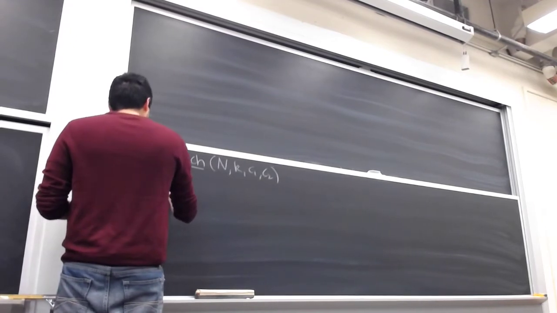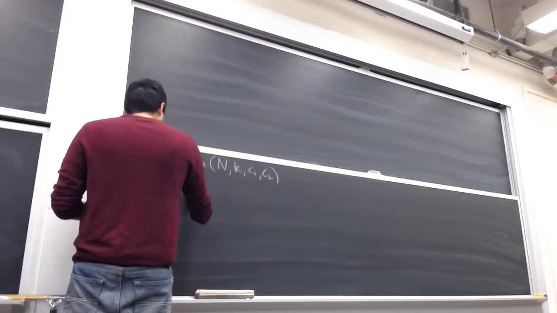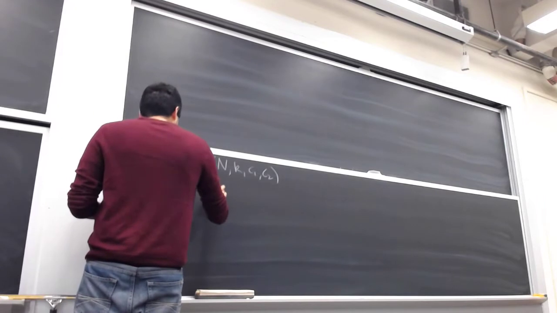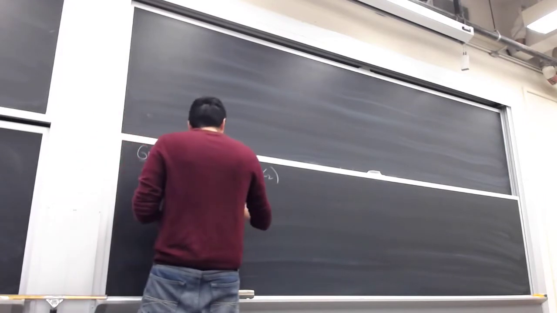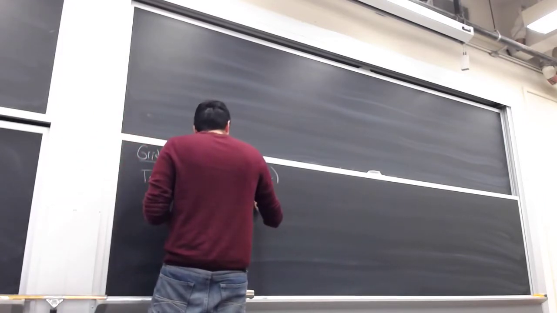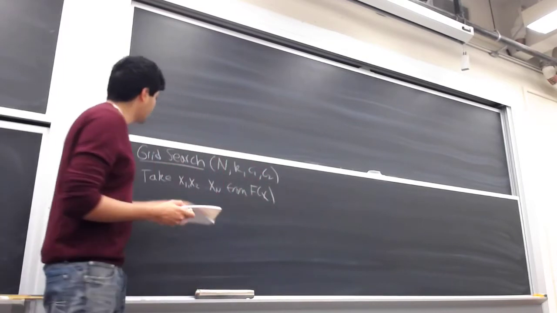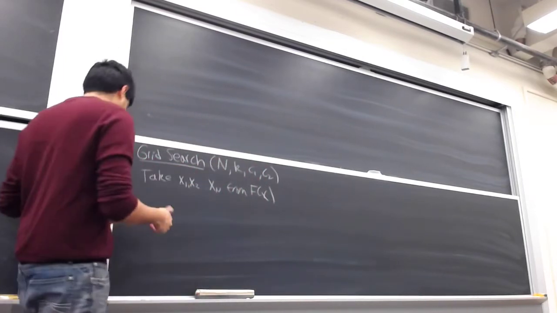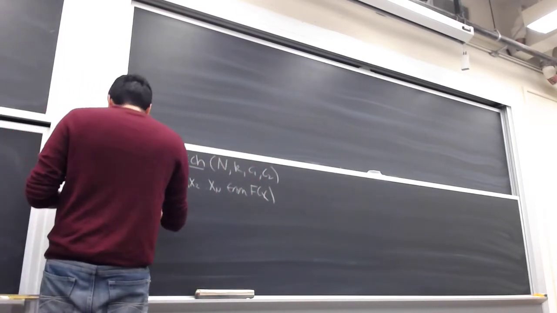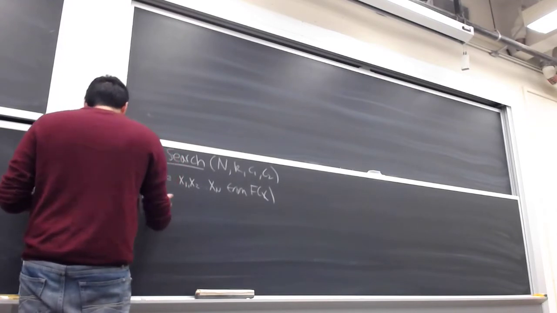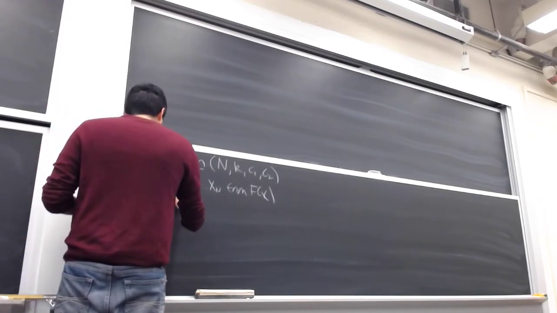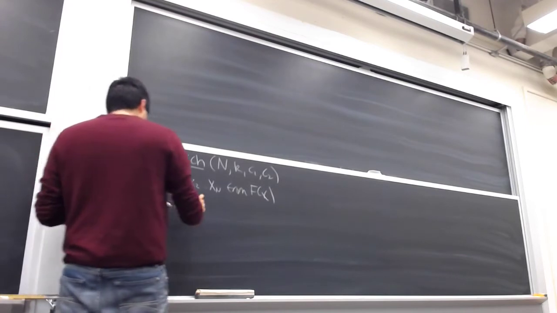So we take samples, x1, x2, and so on, up to xn, from f of x. So we're defining a grid search. One of its parameters is just how many samples we need. And as usual, in Pearson's approach, for example, we do exactly what we did there. We compute the empirical means.